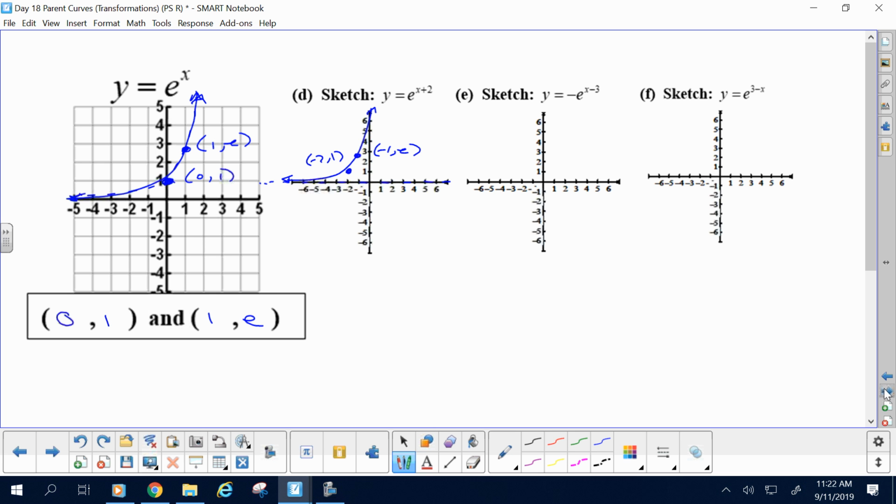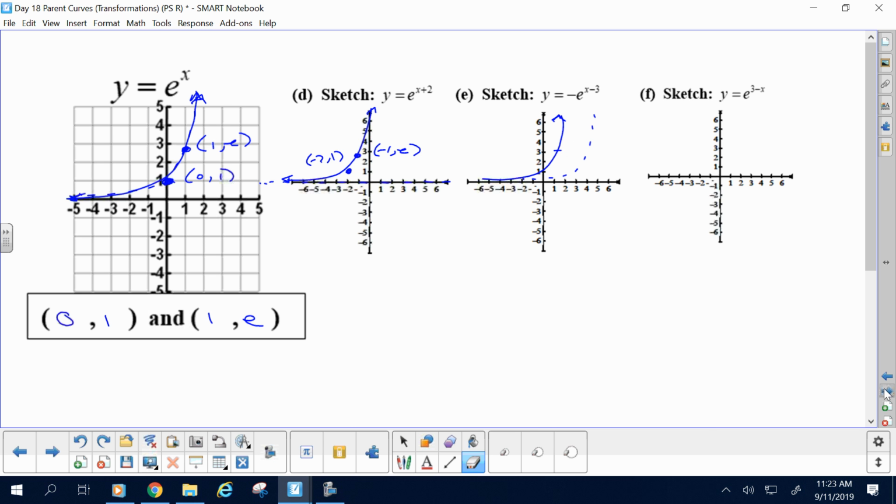All right. What about y equals the opposite of e to the x minus 3? What does the 3 do? Shifts it right 3, so I'm going to be over here. I'll nail it down in a second. Then what does the negative do? Flips it over sideways or up and down?